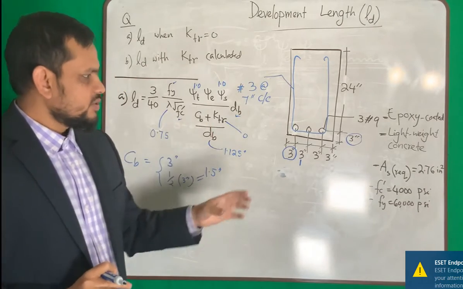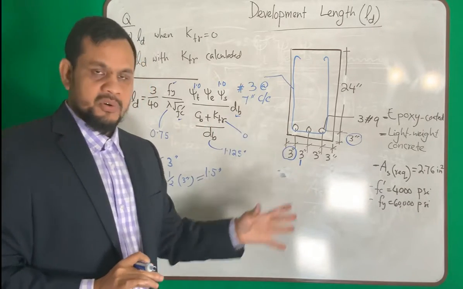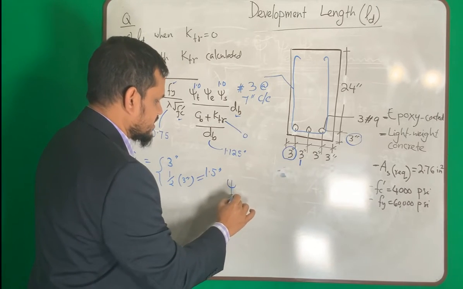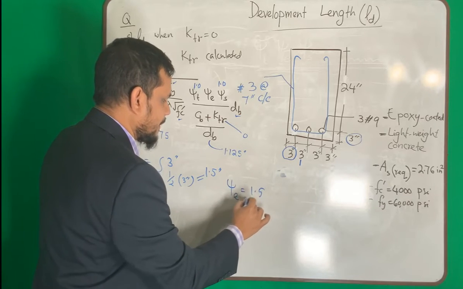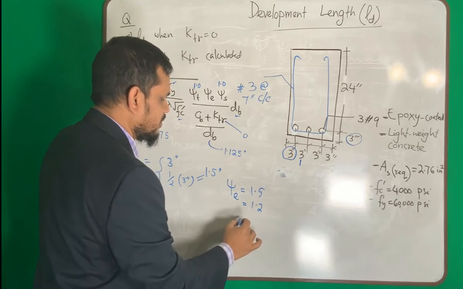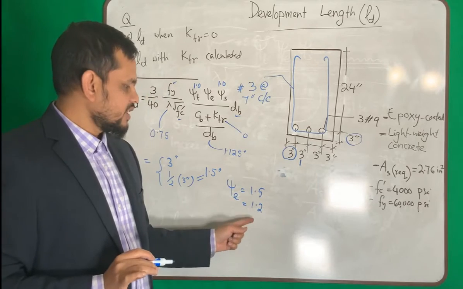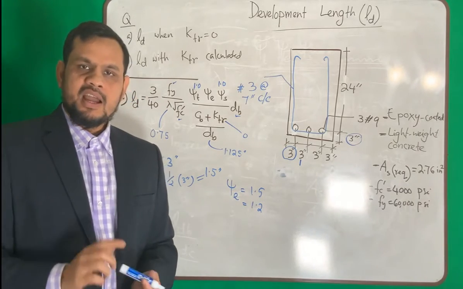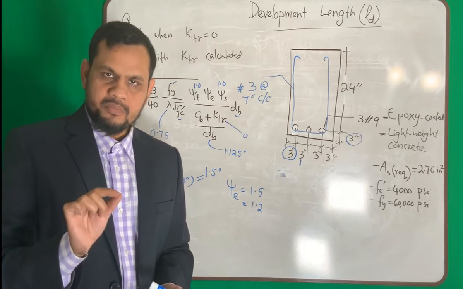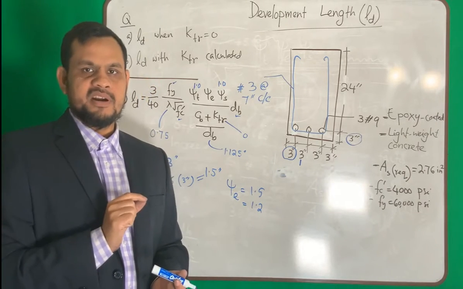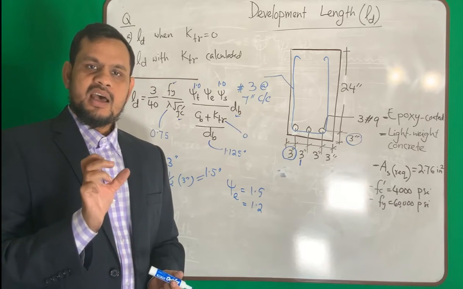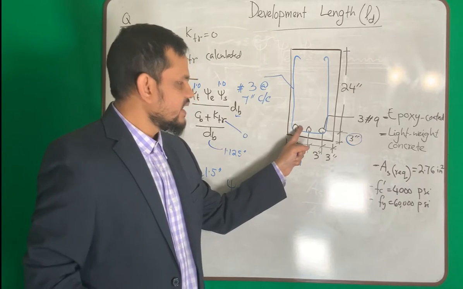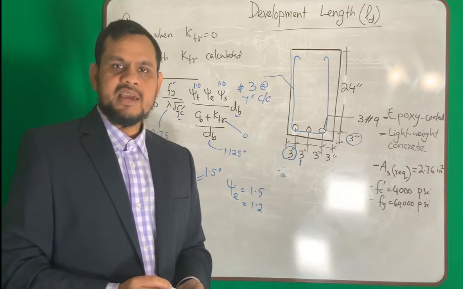Epoxy factor. We know that for epoxy coated bar, psi E can be 1.5 or 1.2. If it is not epoxy coated, then 1. Now which one? This one applies if the cover is less than 3 times bar diameter, or the clear space is less than 6 times bar diameter.